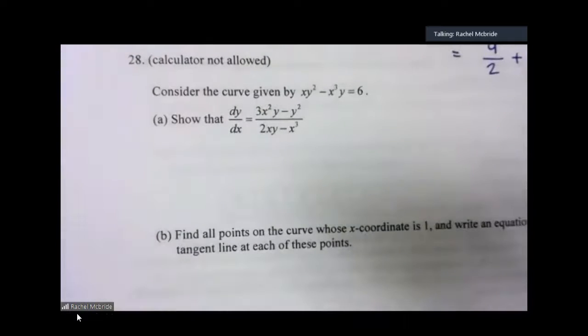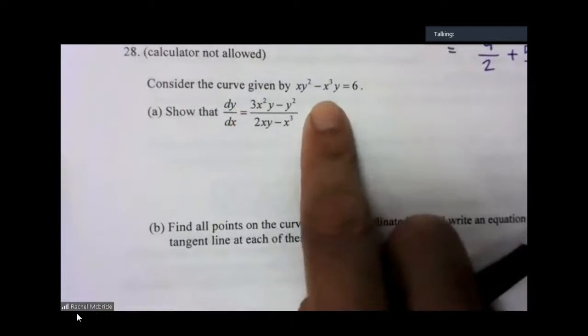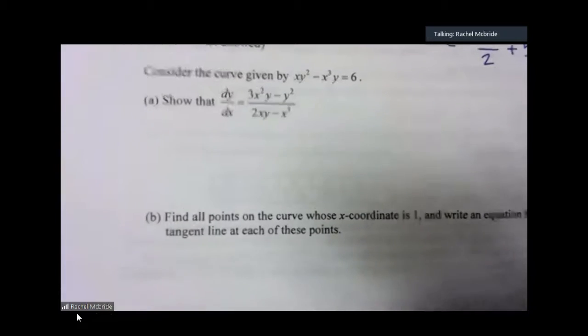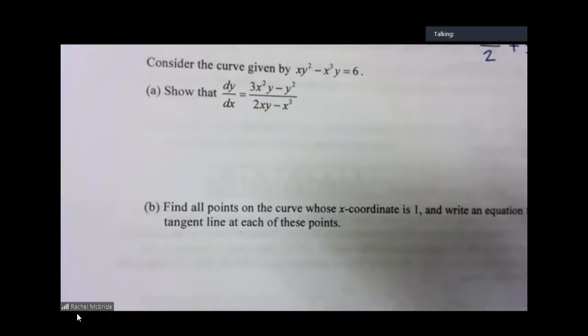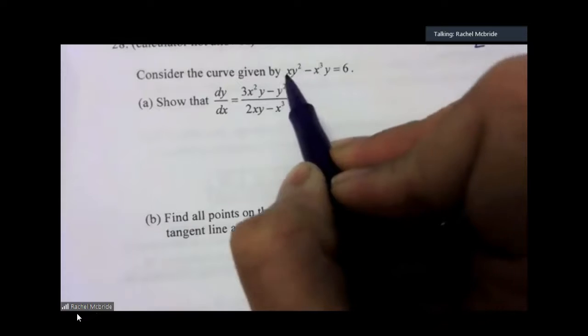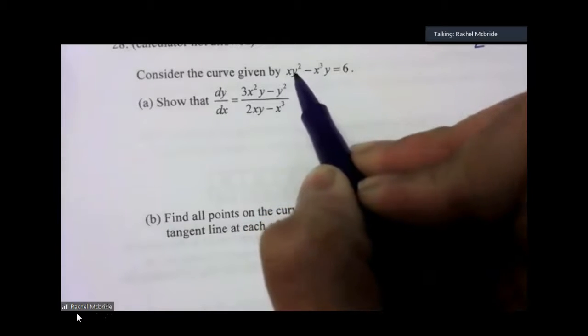Consider the curve given. Show the derivative. Guys, they literally give you the right answer. All you have to do is get that answer. All you gotta do is get it. So first part is a product rule.